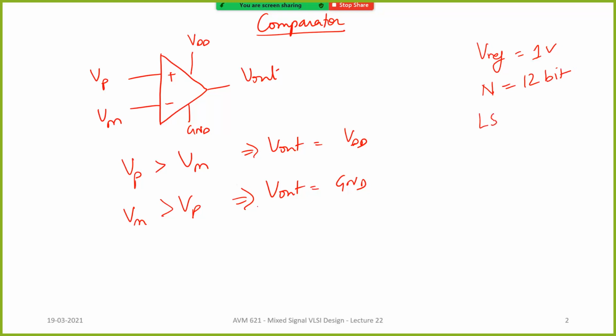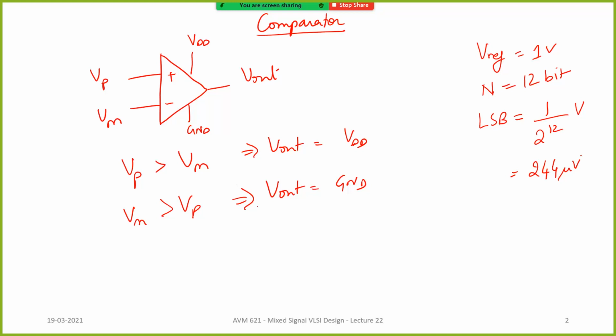What is your LSB size? It's going to be 1 divided by 2 to the power of 12 volts, right? That happens to be approximately 244 microvolts.